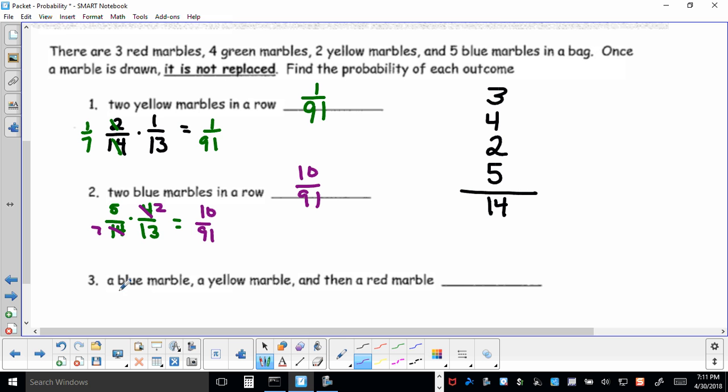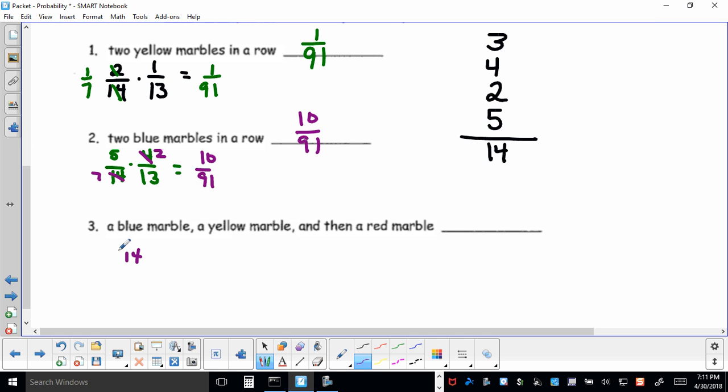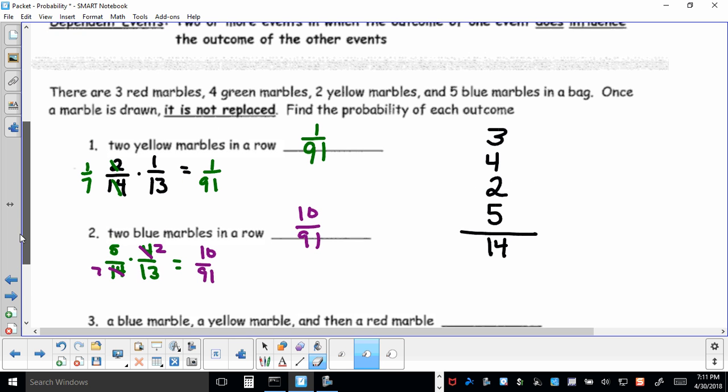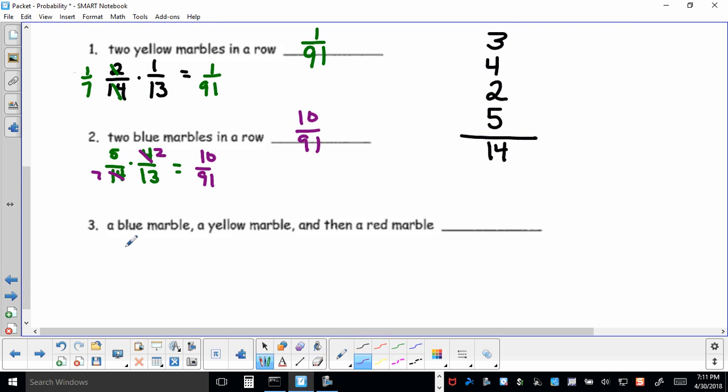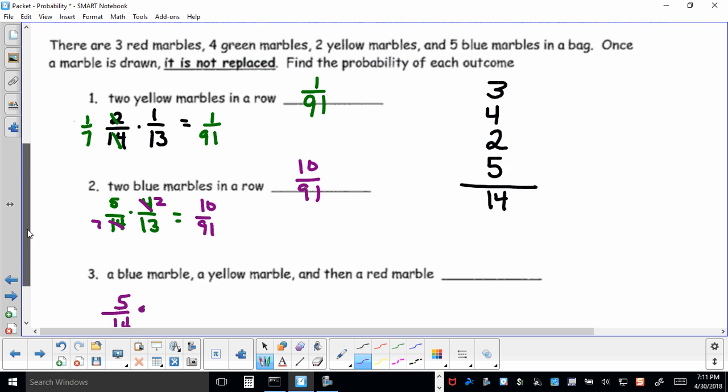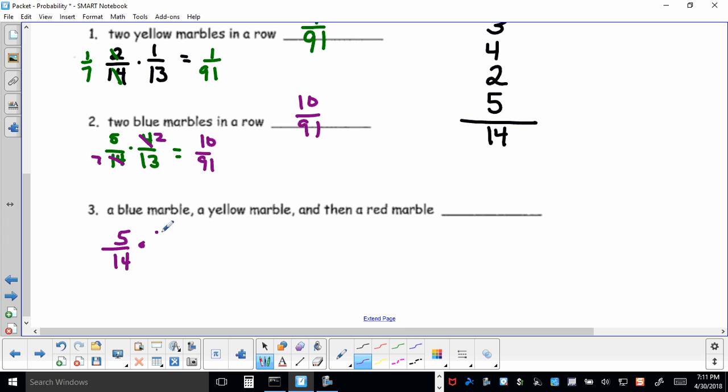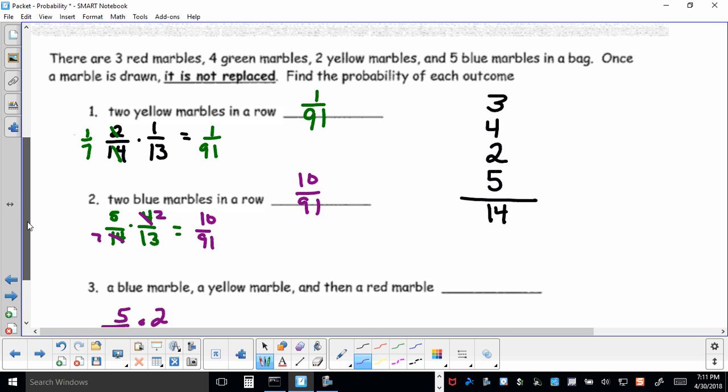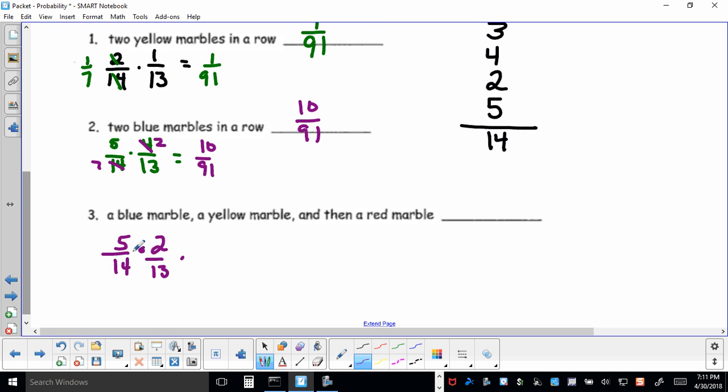So what happens if I draw a blue, a yellow, and then a red? So if I draw a blue marble first, I start with 14. And how many blues are there? There are 5 blue marbles, so 5 out of the 14 in the bag. Then the yellow marbles, I have 2 yellow marbles, and there's 13 in the bag. And then I draw a red marble. So there's 3 with 12 left in the bag.